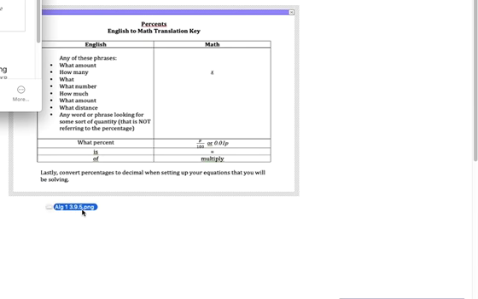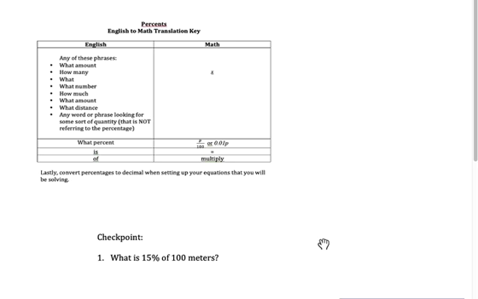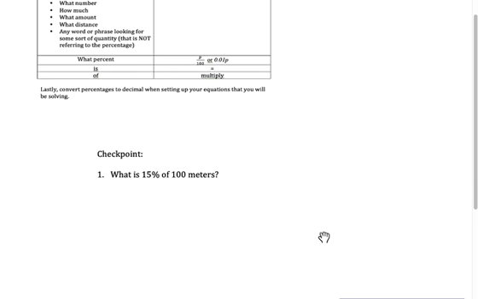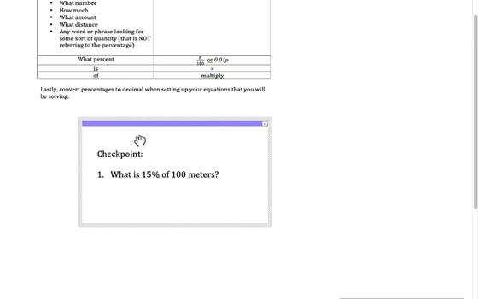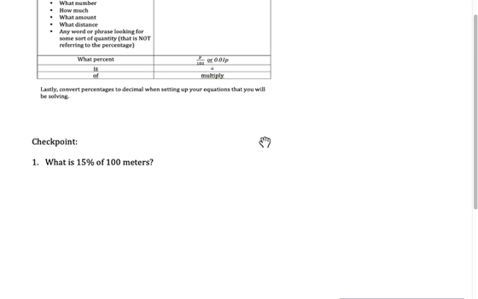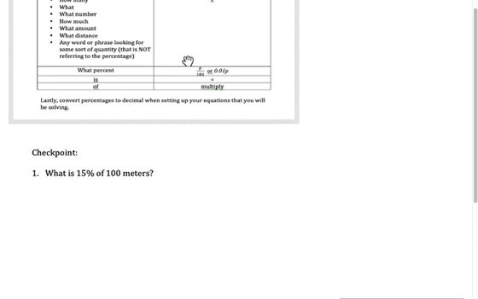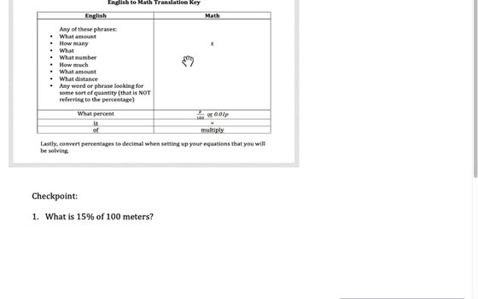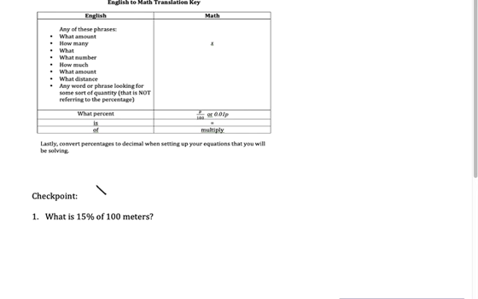So what I'd like you to do is pause the video now and work on 1 through 4 of the checkpoint at the bottom of page 184. Then when you're ready, come back here, press play again, and we will go over those answers and see what you got. All right, so, okay, I'm going to start working on these problems now. I'm making the big assumption that you have finished and you're pressing play again after you've completed 1 through 4.